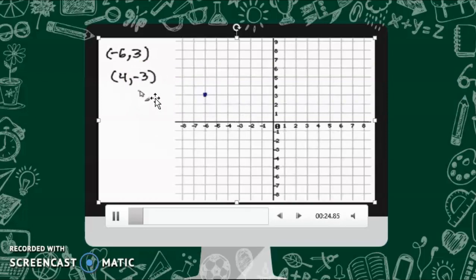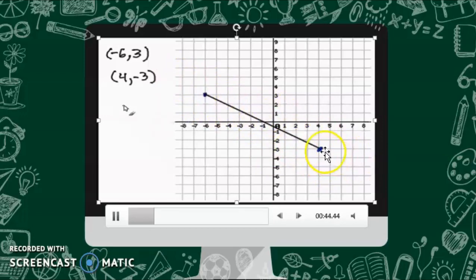So we're going to draw those points. For the first, x-axis -6, y-axis 3, and then for the second, x-axis 4, y-axis -3, and you draw your straight line.